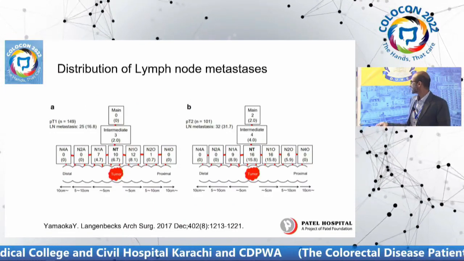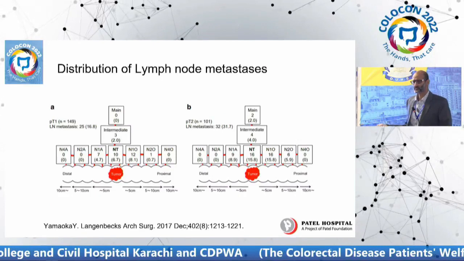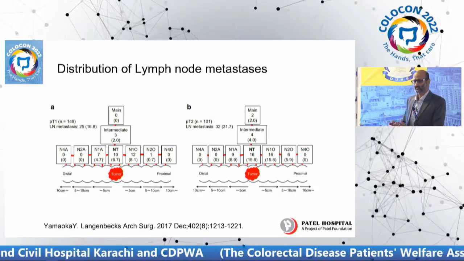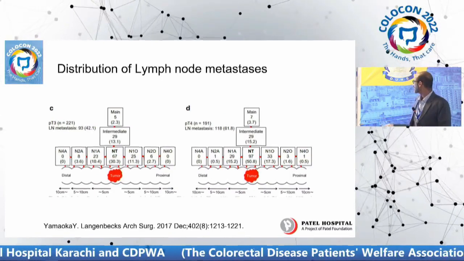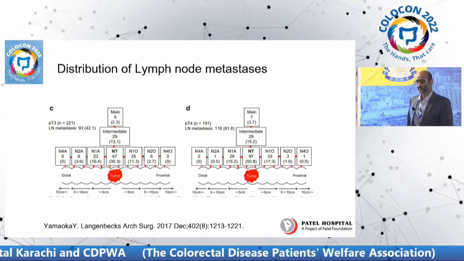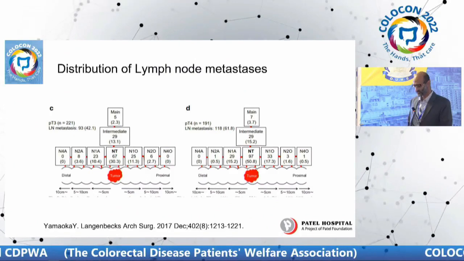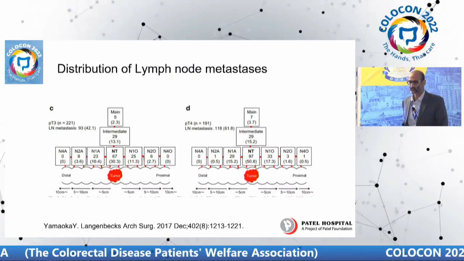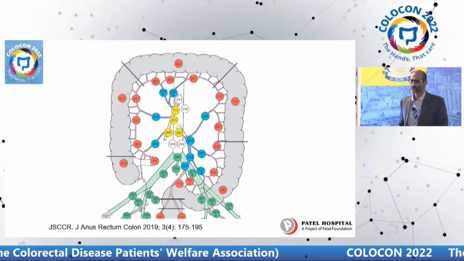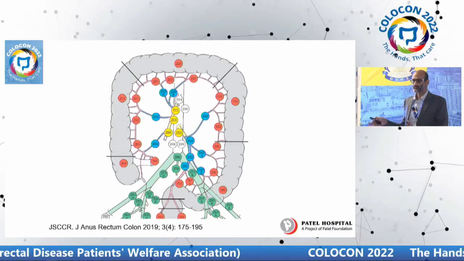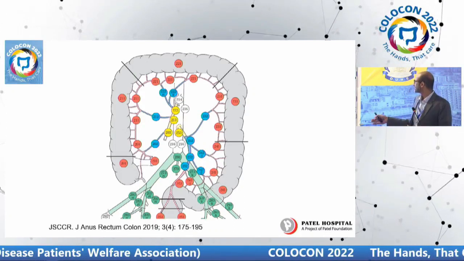We could see that central lymph node involvement in T1 cancers is 0, up to almost 15% in T2 cancers, so intermediate 15%, and up to 4% in T4 cancers for central node involvement. And this distribution has been shown. It's more or less simple.